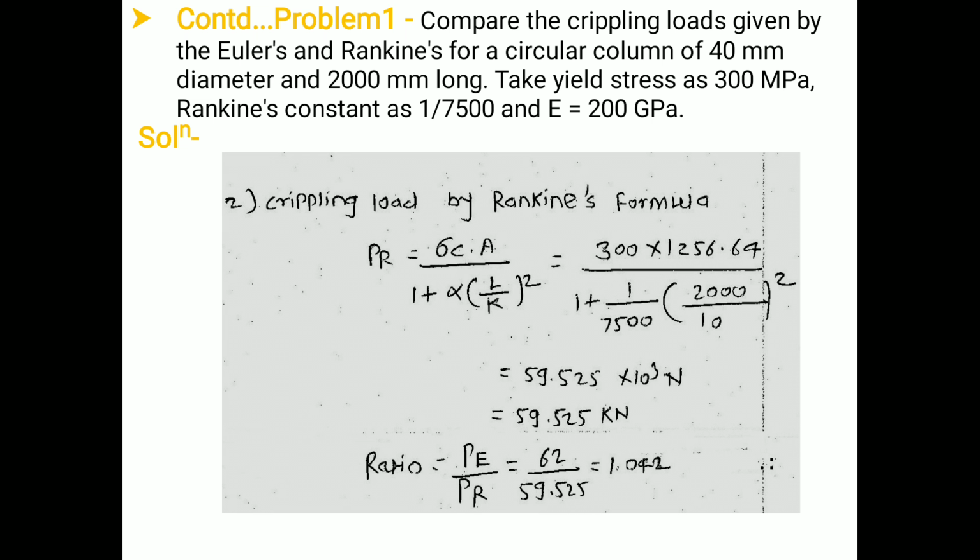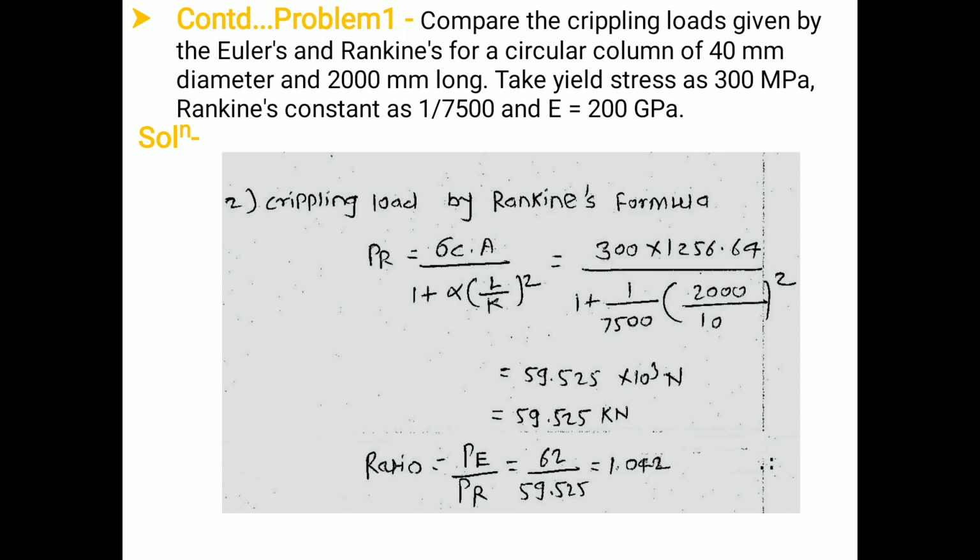Now we will find the crippling load given by the Rankine formula. The formula is PR is equal to sigma c into area, whole divided by 1 plus alpha into bracket L effective upon K, square. The value of sigma is already given in the numerical, that is the yield stress value, or we can see it as the crushing stress value also. That value is 300.